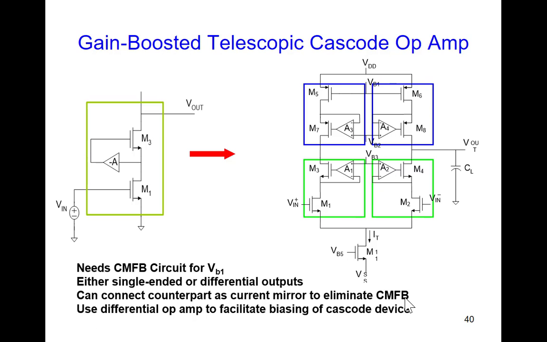Right now we need a common-mode feedback circuit to bias either M11 or M5 and M6.